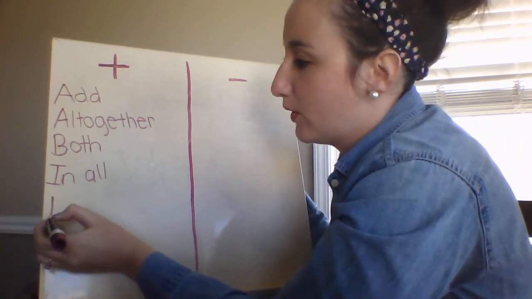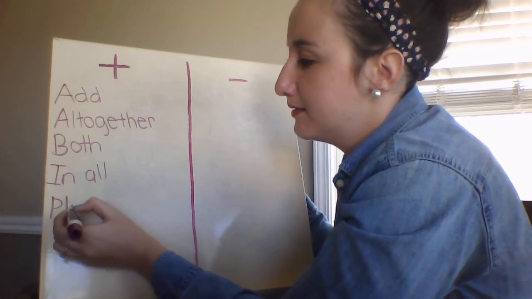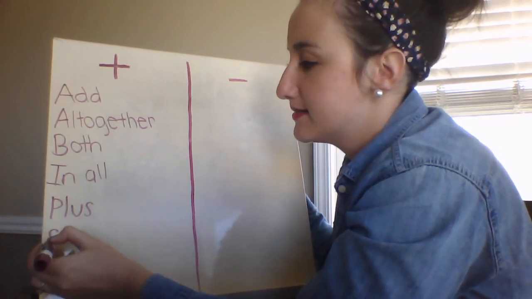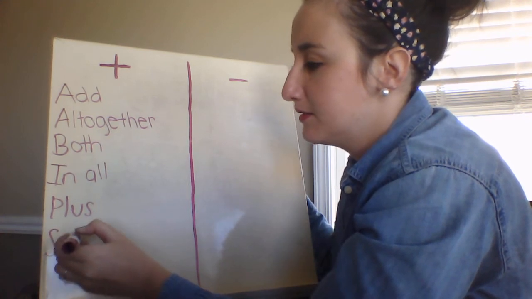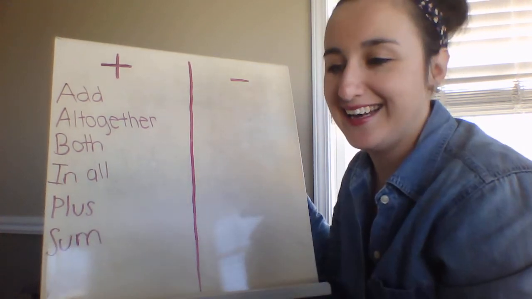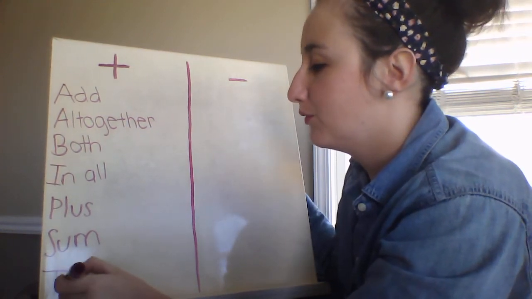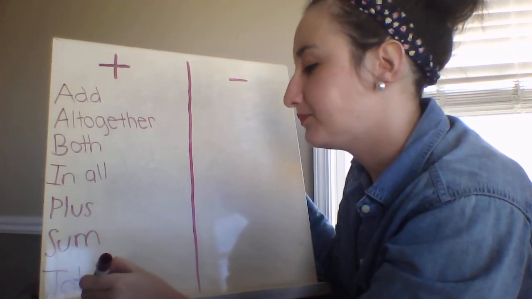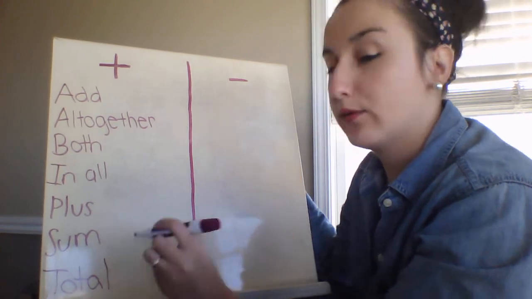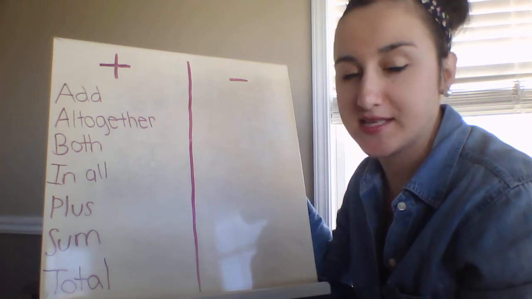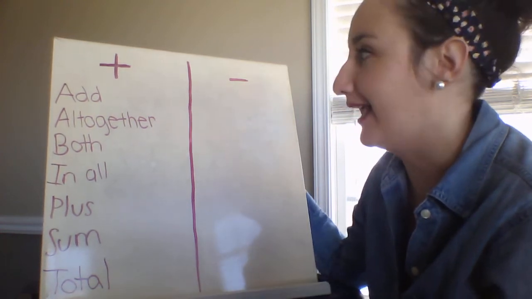If you see the word plus, you would add. If you see the word sum, you would add. If you saw total, you would add. Now those are some words that you might notice in a word problem that will let you know you're adding.